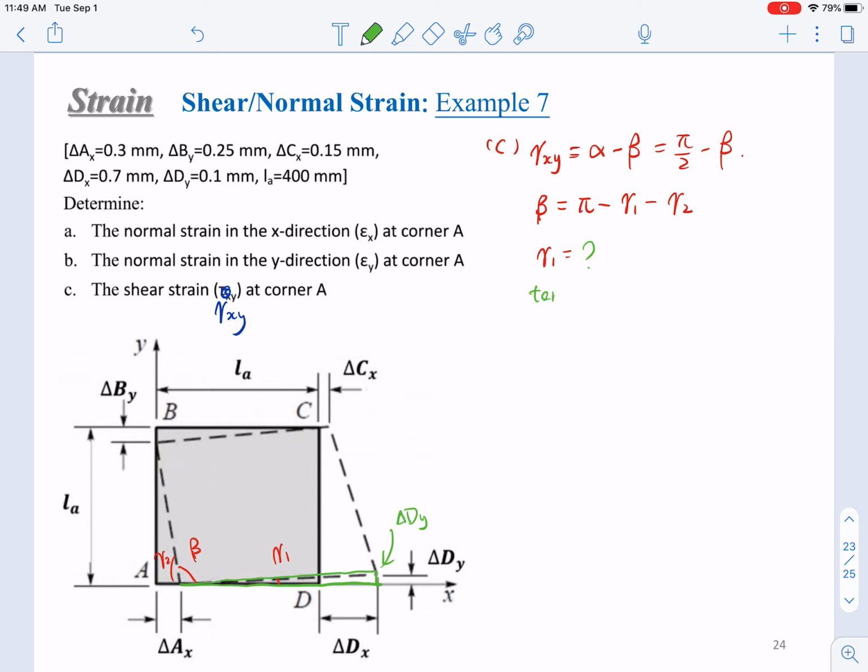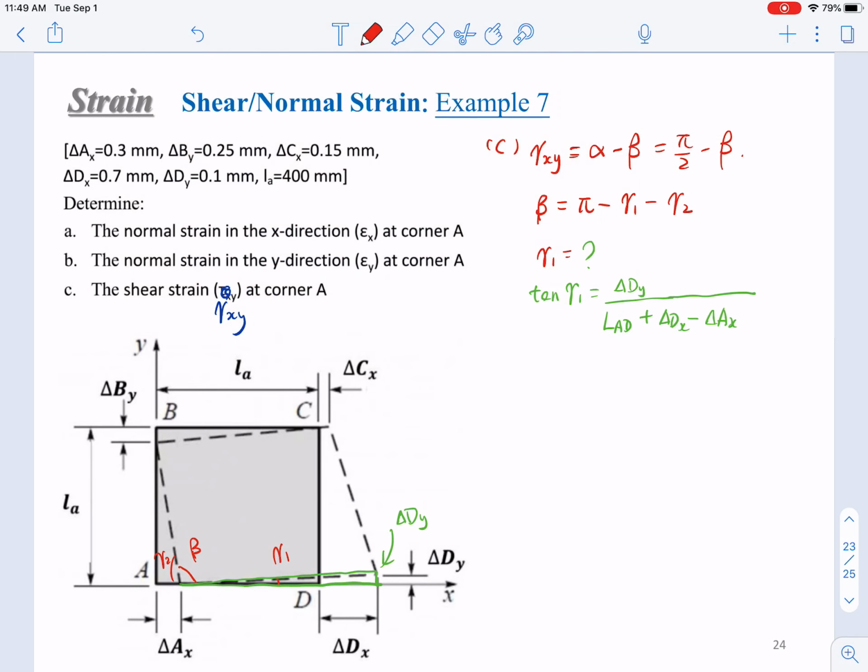Tangent gamma 1 equals delta DY over that length, which will be LAD plus delta DX minus delta AX.